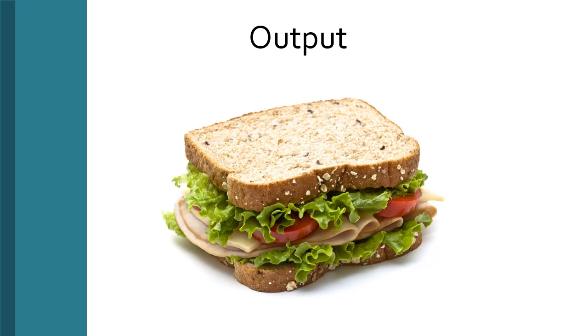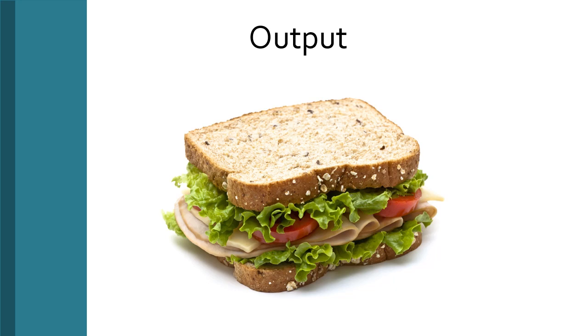All of your inputs would be the money, the salary, the bank, the interest rates, and then in the end you would have the result. Like here we have a turkey sandwich, you would have the result of the number of years it takes to become a millionaire. So all of these different concepts come into play when you are doing a program.